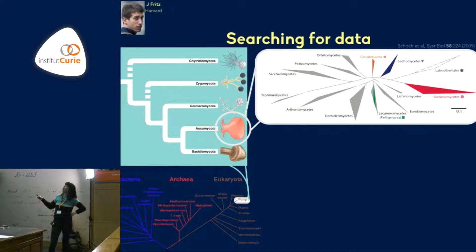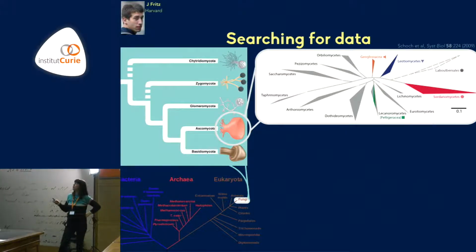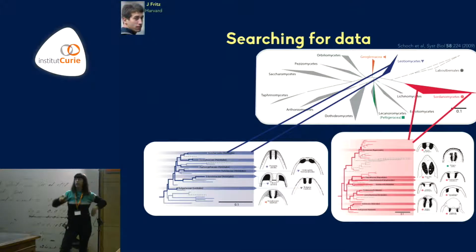This is the phylogeny of the Ascomycota, and these are the portions of the Ascomycota tree of life that have a ring, where there are species that have that ring. So then you go into the literature and you look for species in these clades. And Jörg mainly found 2 big clades, completely independent origin of this spore.